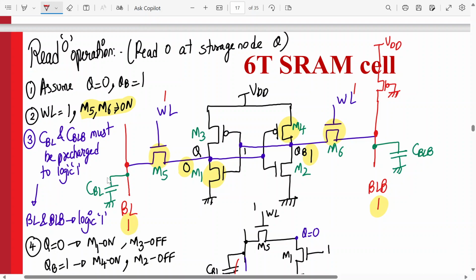So we apply a pseudo NMOS transistor over here. So this is what is keeping the bit line high during the read operation. These are the pseudo NMOS transistors. So this will keep the pre-charged BL and BLB at 1.